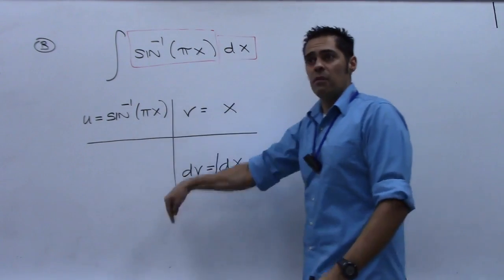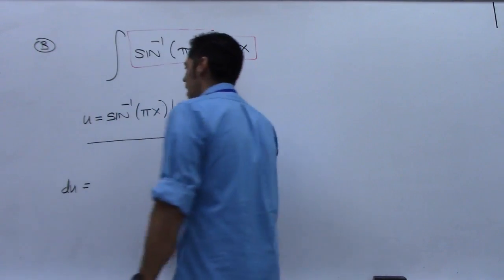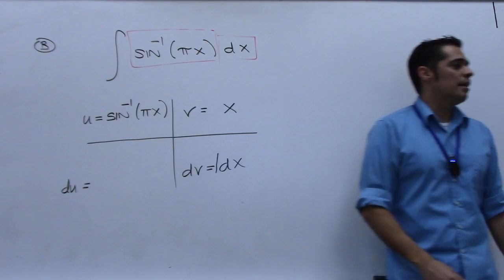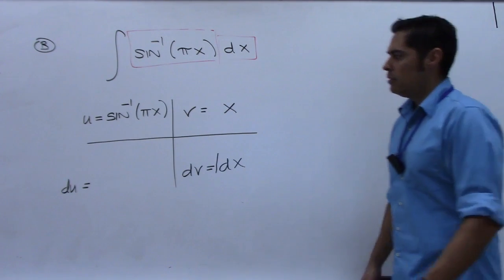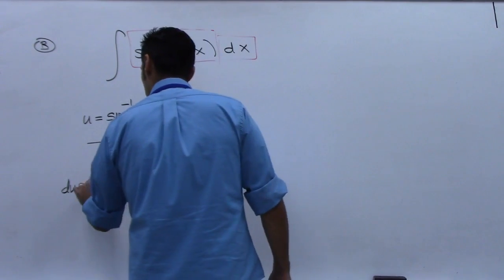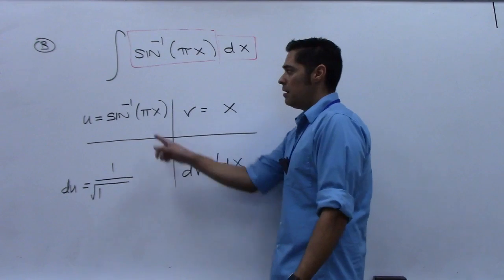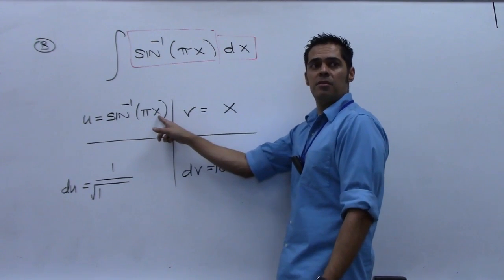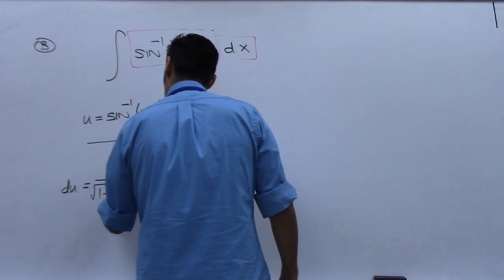And now you have to differentiate to go down to du. Can you differentiate the arc sine of pi x? Yes. Right? 1 over square root of 1 minus x squared, but in our case, pi x squared. So I'll put pi x squared.